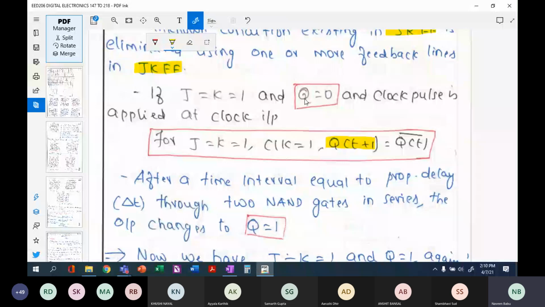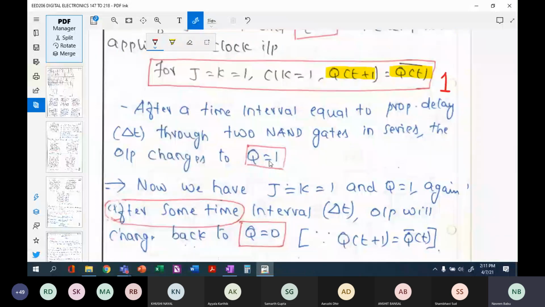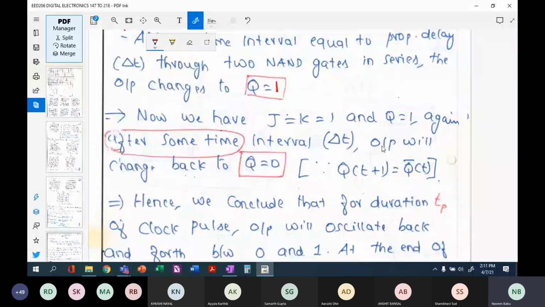After a time interval equal to the propagation delay of the two NAND gates in series, the output will change to 1 here. It is toggled from Q equal to 0. Now we have JK equal to 1 and Q equal to 1. Again, after some time, because there is a feedback network, your output will change to Q equal to 0.